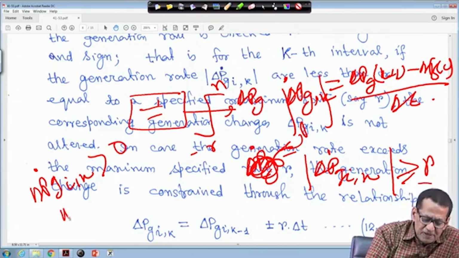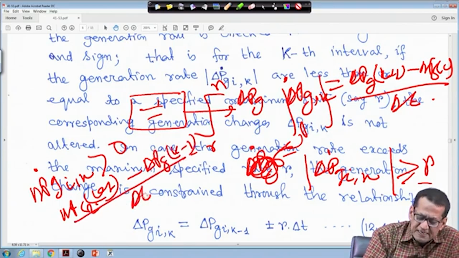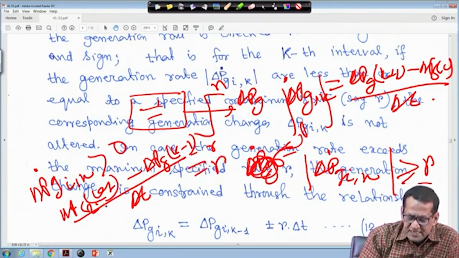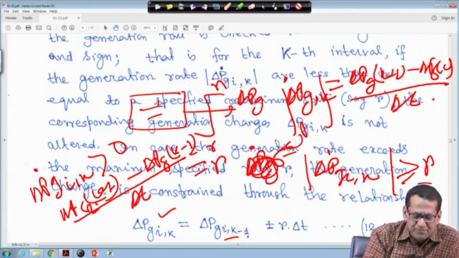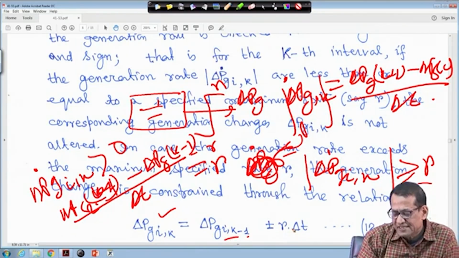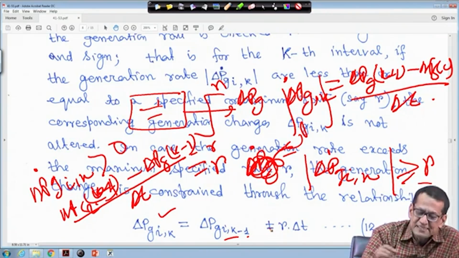That means delta Pgi k minus delta Pgi k minus 1, divided by delta t, is equal to r. That means delta Pgi k is equal to delta Pgi k minus 1 plus r into delta t.